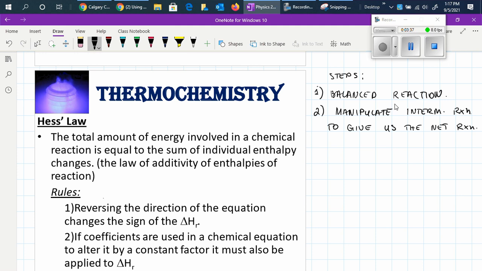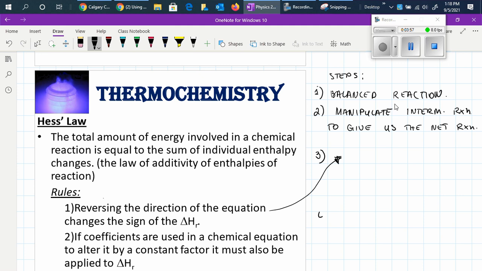And then if you reverse the direction of the reaction, then you reverse the sign of the change of enthalpy.